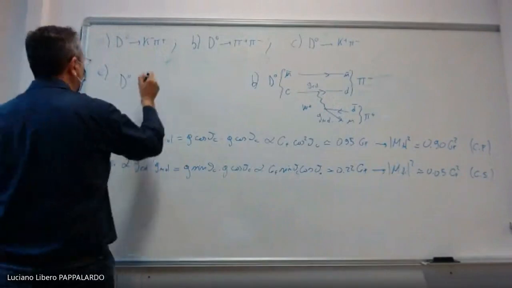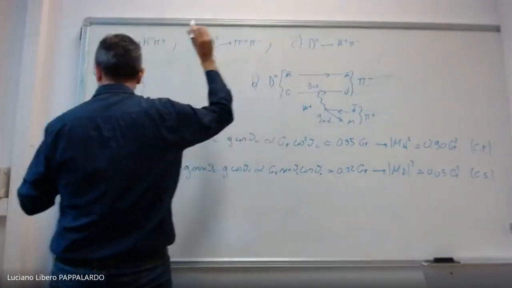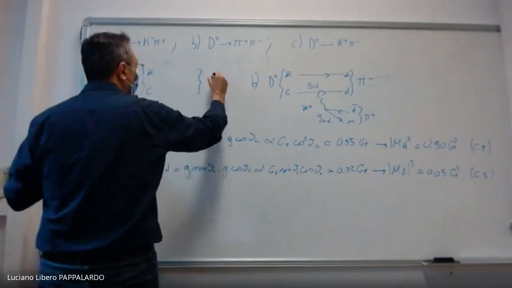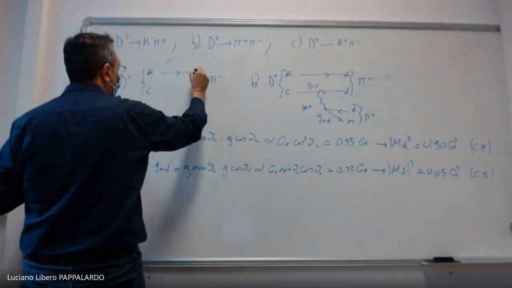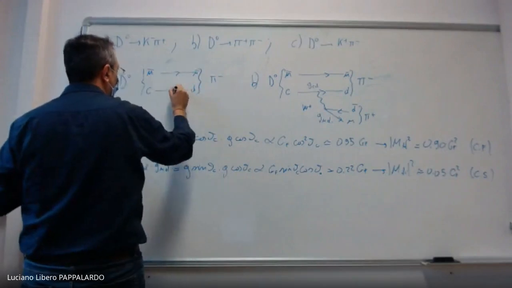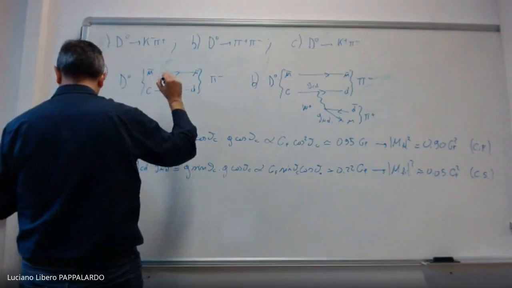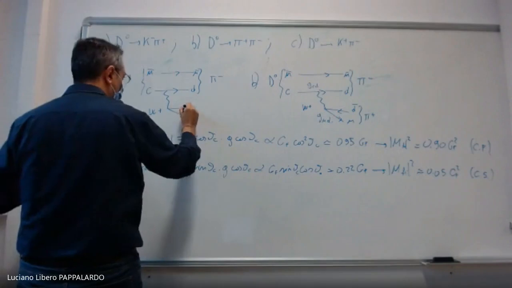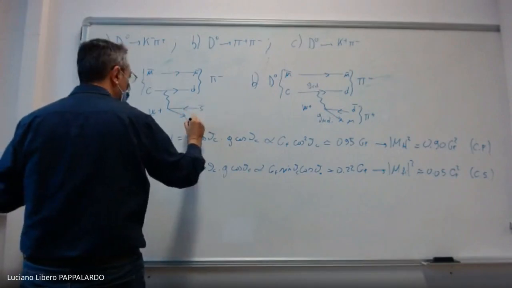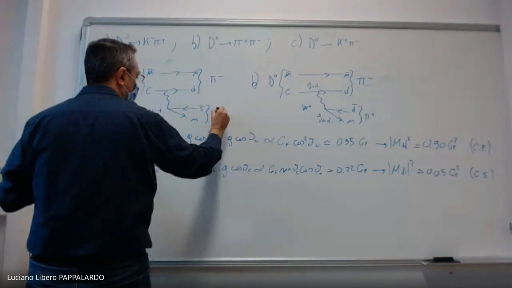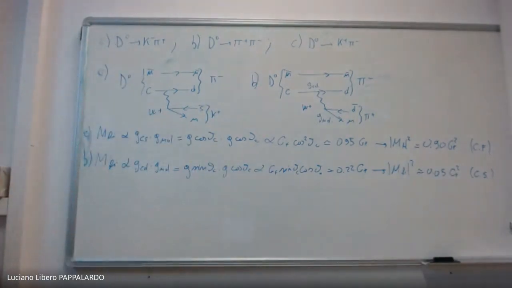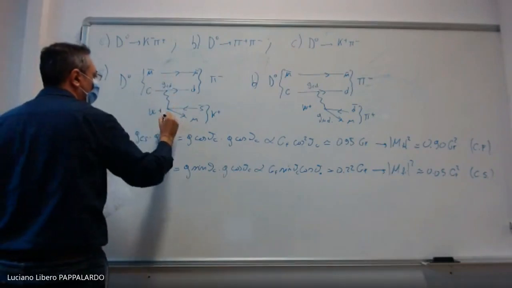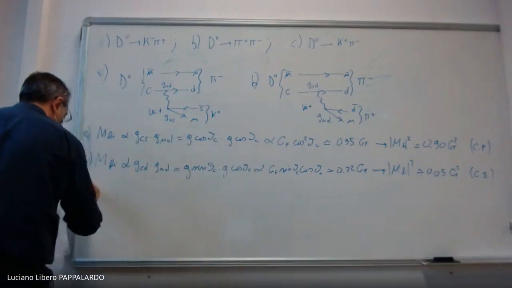Now the last one. So now we go into a K plus and a pi minus. So with the W plus that goes into a d-bar, okay, forming the K plus. And now couplings G_cd and G_us.